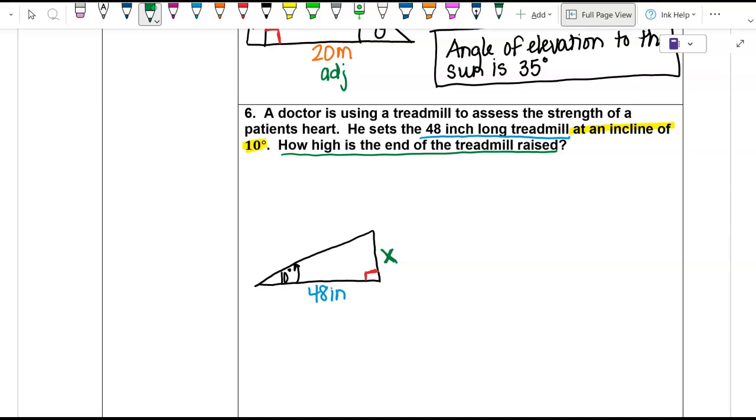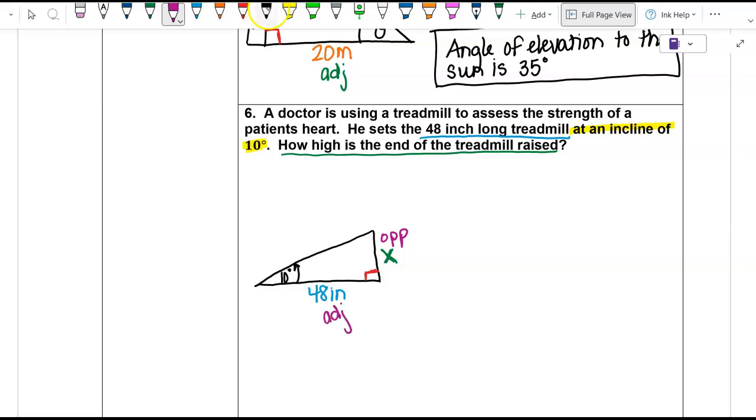So again, now that I have my diagram, I need to assess what information is in reference. Now the 10 degrees becomes my reference angle. So what does the X represent? Opposite, and the 48?